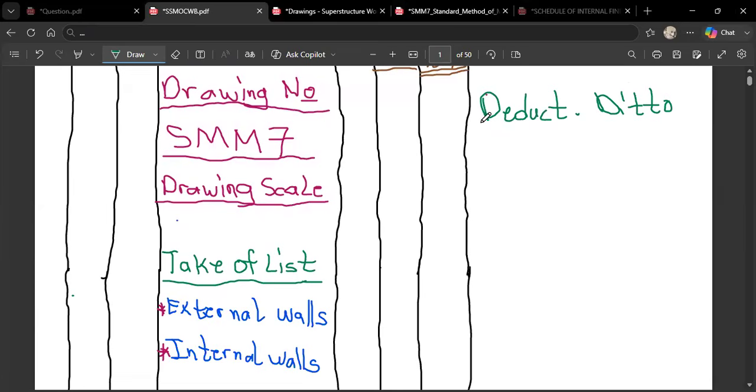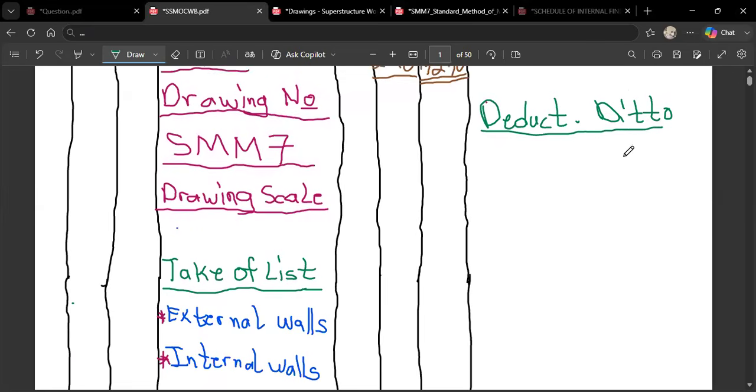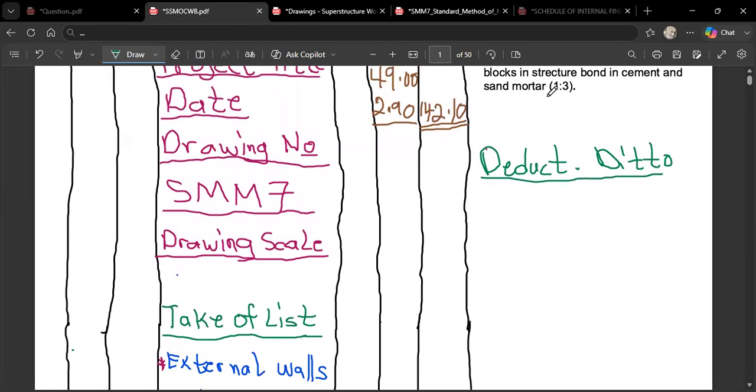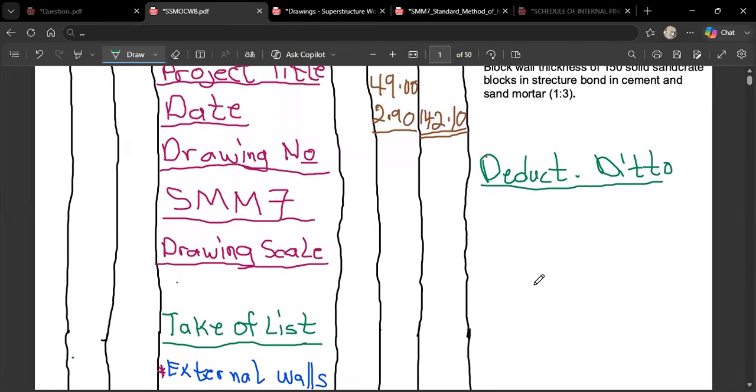Let me underline it for you to see. So we are going to deduct the lintel, the windows, and the doors. They have the same description. That is why I put the detail over here. If not, I'd have to come and pick these and put them over here.